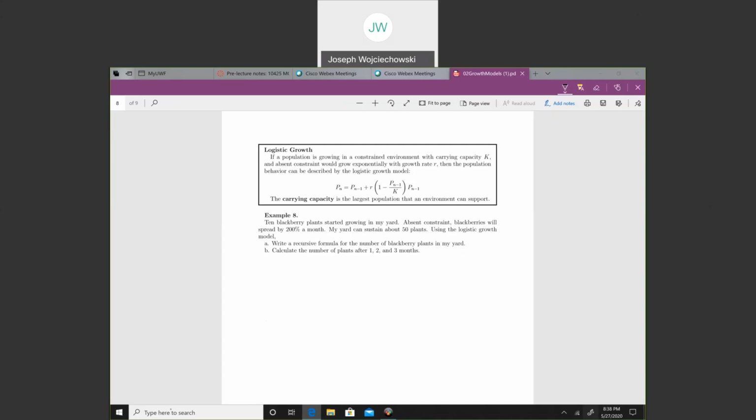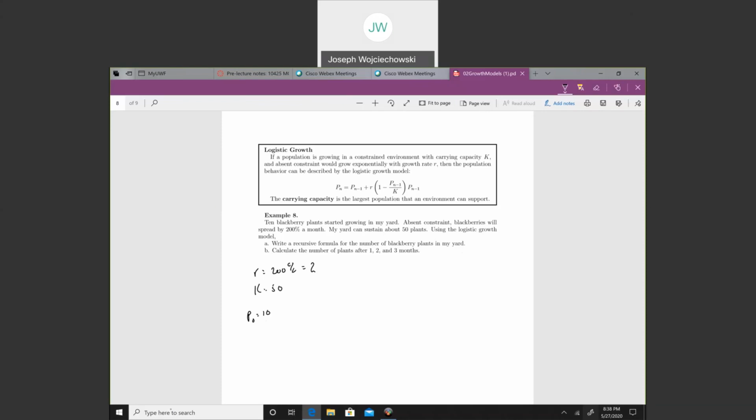Spread at 200% a month, so R is equal to 200%, which is 2. My yard can sustain 50 plants, so K is equal to 50. Using the logistic growth model. Okay, and we had P sub 0 is 10.